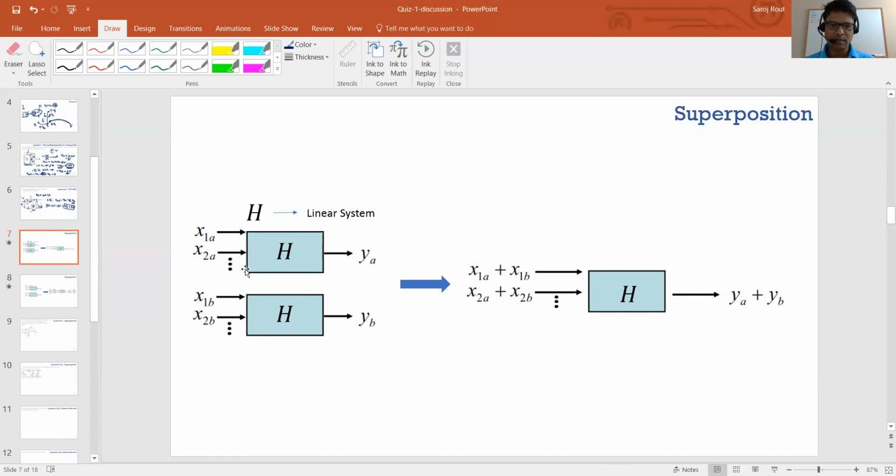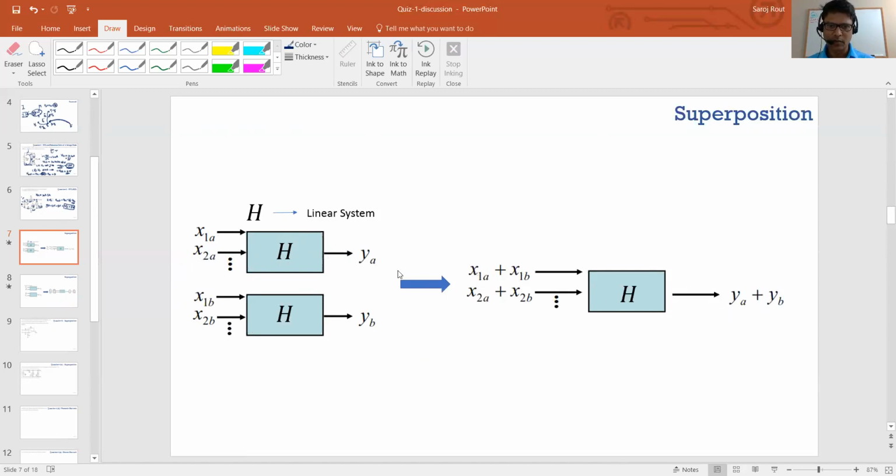So if you have a linear system, let's say like H here, and it's a multiple input, one output system, for example, then if you give a set of inputs, let's say X1A, X2A, and so on, and you get YA as your output, and you take the same system and give a different set of inputs, X1B, X2B, and so on, and you get YB, basically by the superposition principle, which is again an extension of linearity, if you add these two sets of inputs, then you should be able to add the outputs as is.